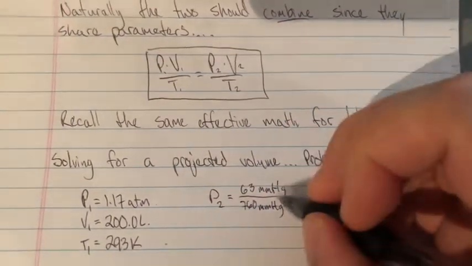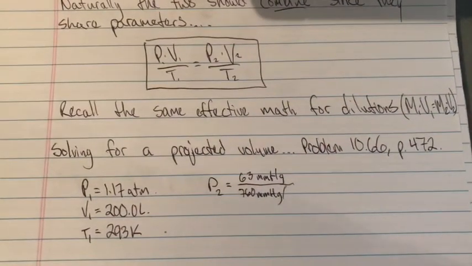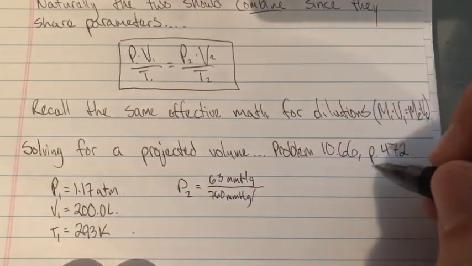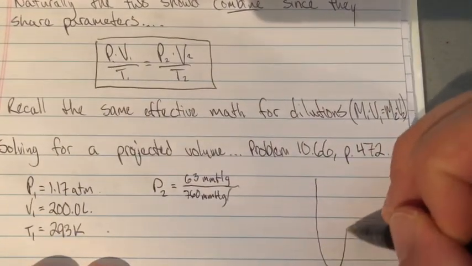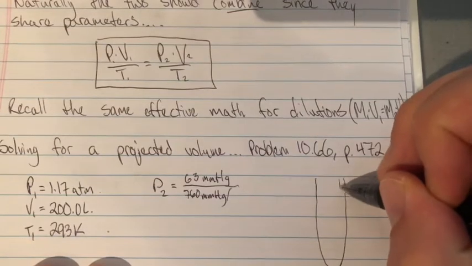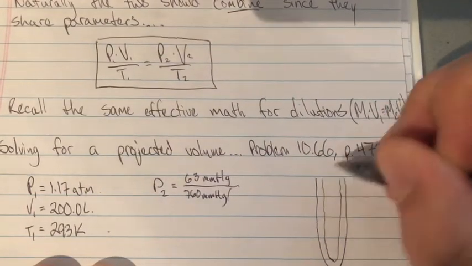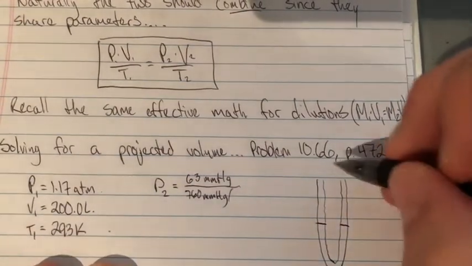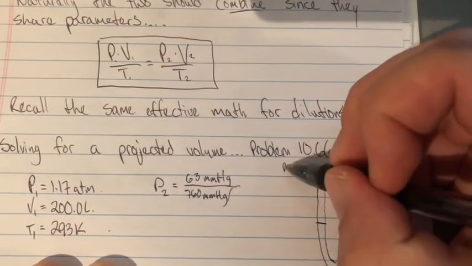So if you've ever looked at an old school barometer, I'm sure you could look one up on the internet. It's kind of a U-shaped tube, right? So if you had a glass tube that's going to hold mercury inside of it, that Hg stands for mercury, by the way. Let's say this is pressure applied.